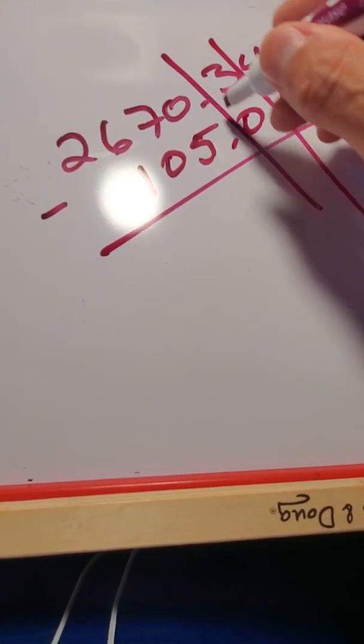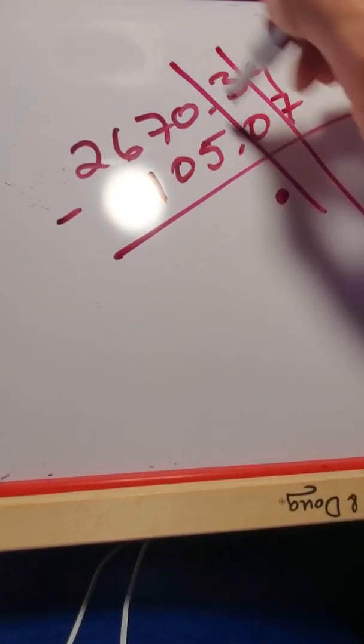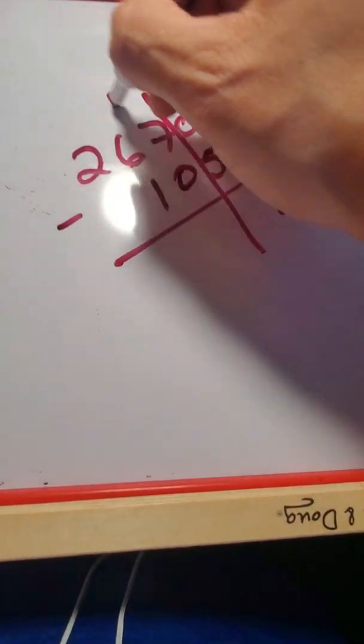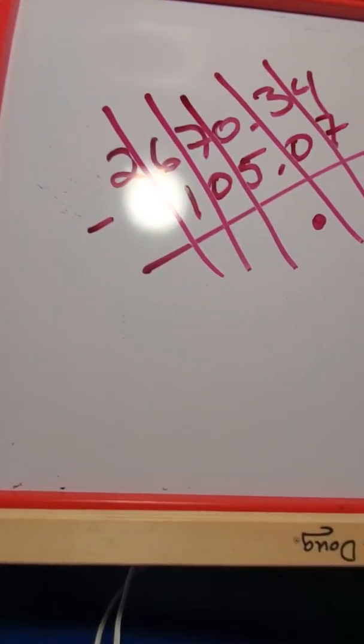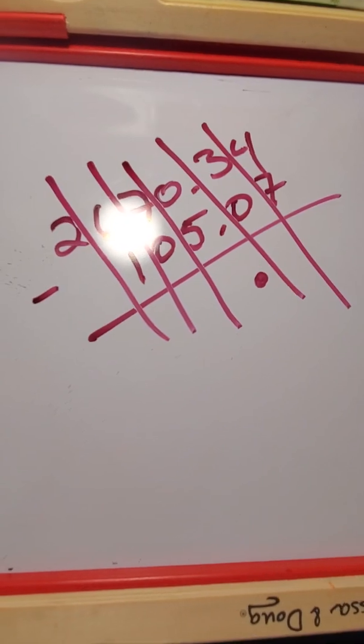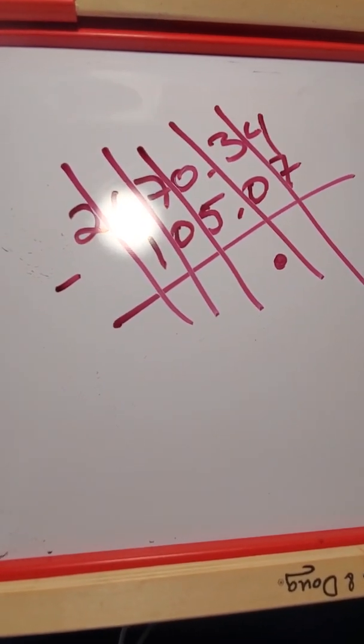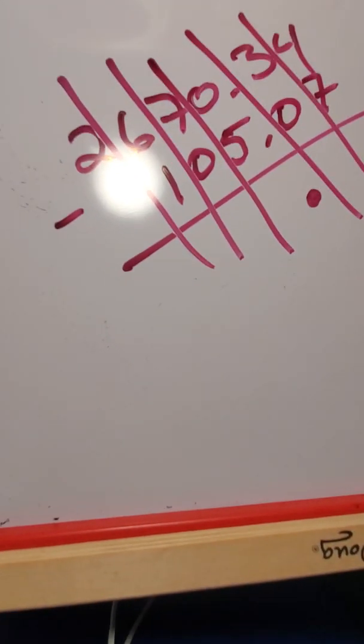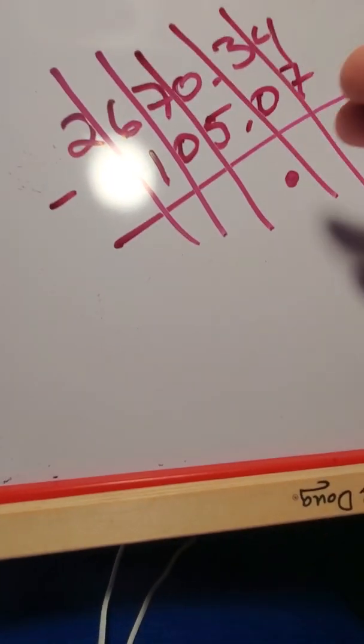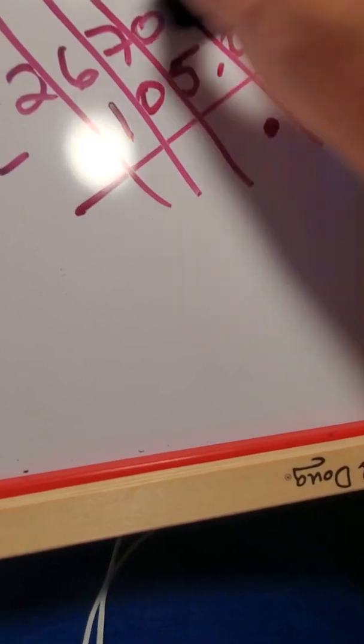Remember, you need to bring down your decimal. Do your columns. It's going to be easier for you to do these kinds of examples. And well, you just need to do your subtraction. If you work like this, you won't have any issues. If you move the columns, I'm pretty sure that you are going to have a wrong answer.